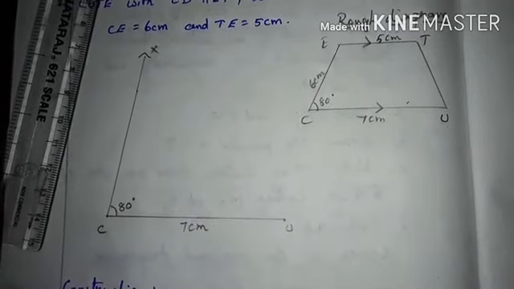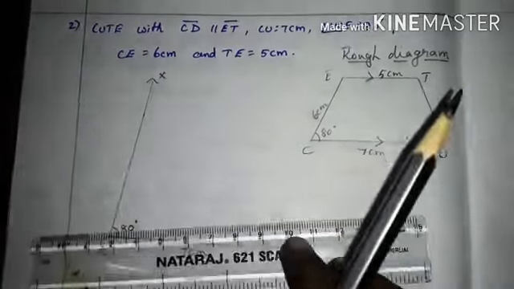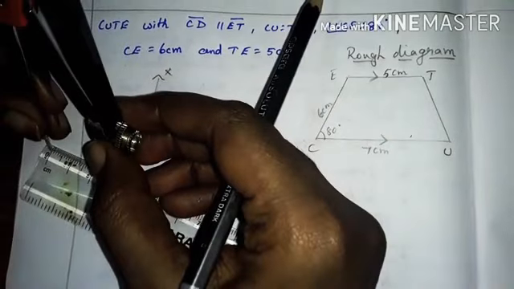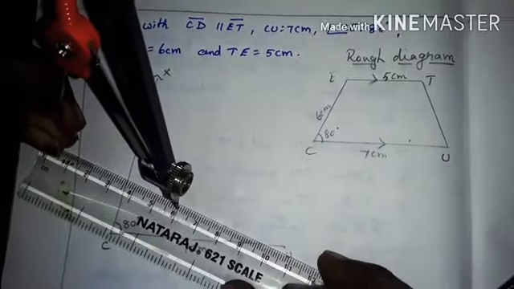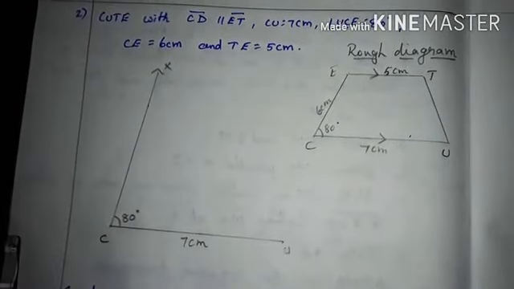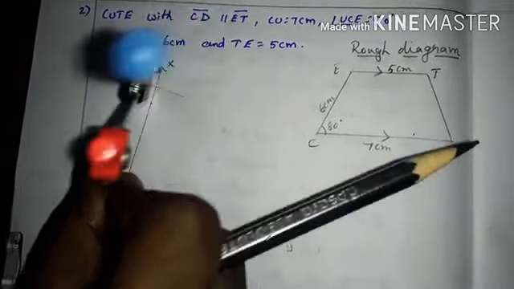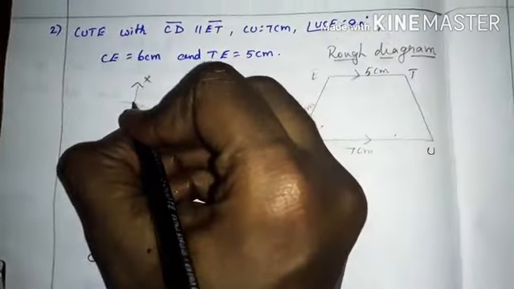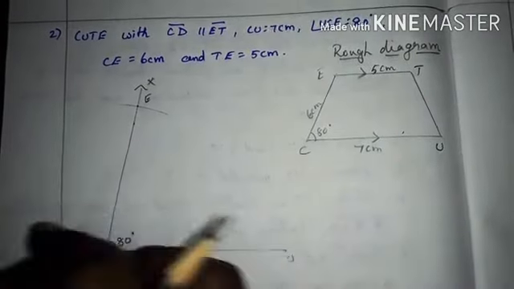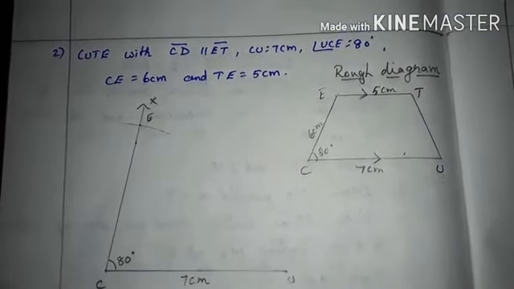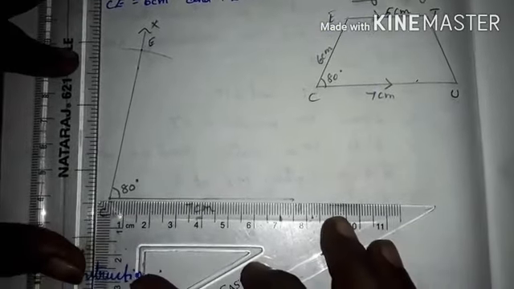After joining the ray CX, angle UCX is 80 degree. The next measurement given is CE is 6 centimeter. For that, you have to take 6 centimeter in the compass, and from C you have to cut an arc which intersects the ray CX at E. Before going to the next measurement, you have to draw the line TE parallel to CU.